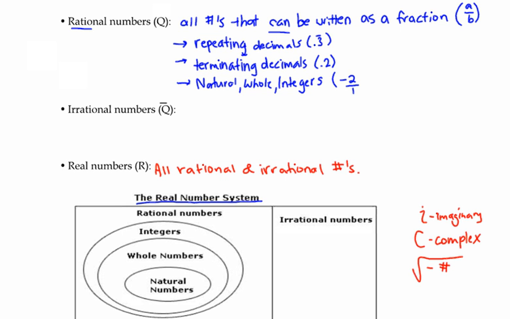You could write -2/1. So -2 can be written as a fraction. Just put it over 1. And there can't be a decimal in a fraction, right? Or you could write it as -4/2. Those are all the same thing, that's still -2. So all natural numbers, whole numbers and integers are also rational. They all can be written as fractions.